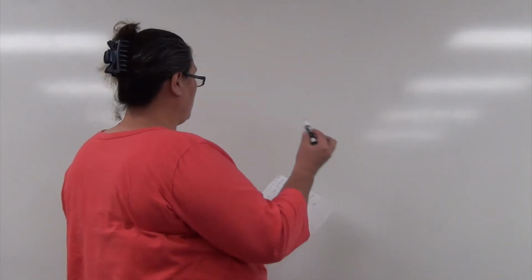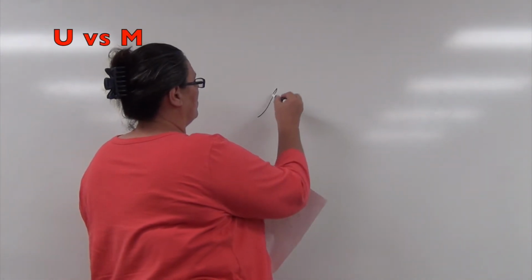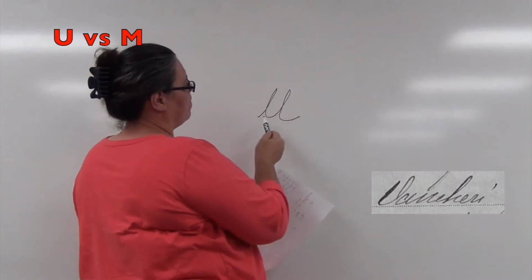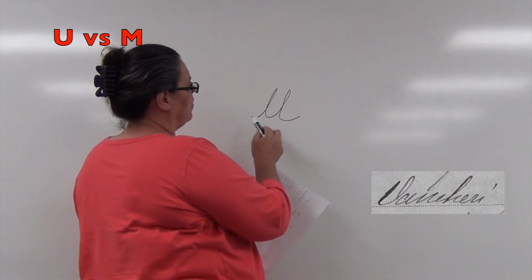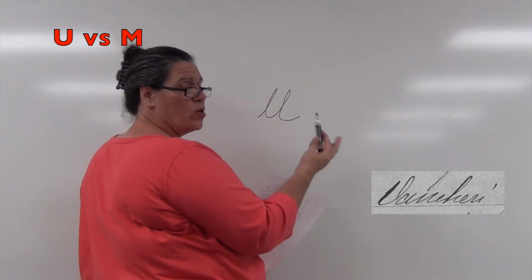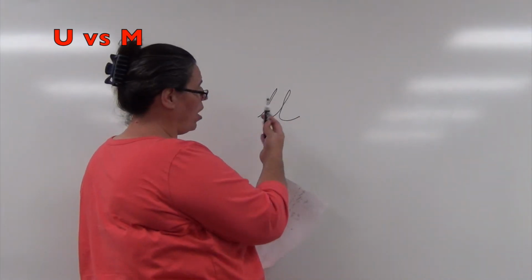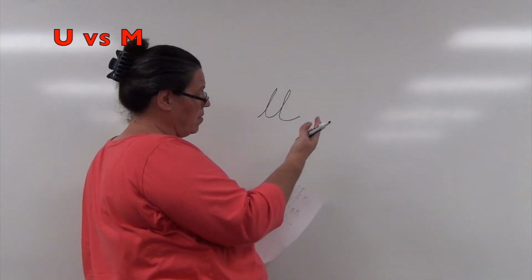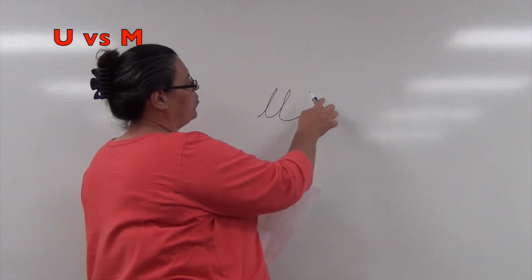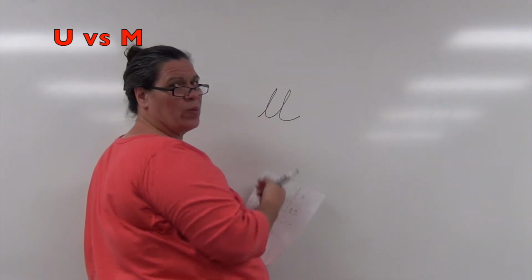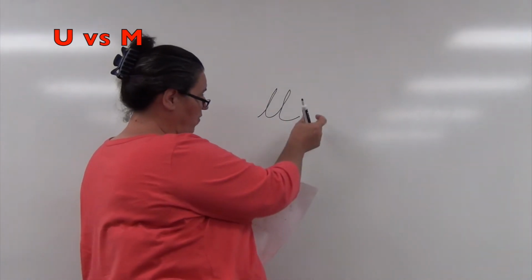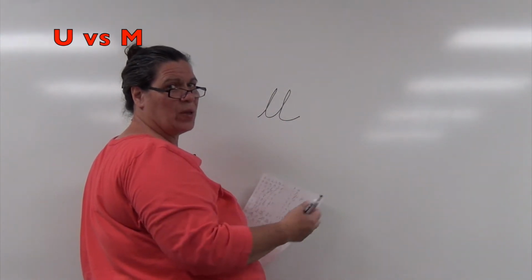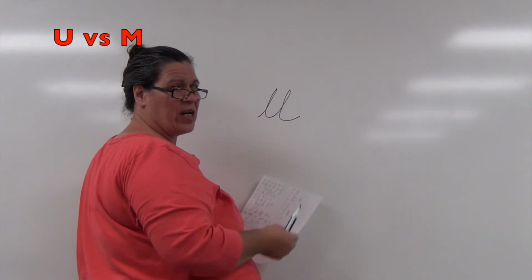All right, the letter U. Now, this is a U. You can see that. Earlier, I made an M that looked similar to that. If it's followed by a consonant, it's probably a U. If it's followed by a vowel, it's probably an M. They can look very similar.